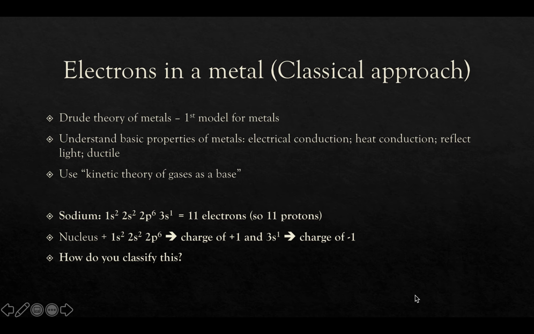But the question is, how do you know that 3s1 alone is the valence electron? How do you know that? Why can't 2p6, or why can't 3 electrons from the 2p shell, be part of the valence electron? That's a very deep question that requires a better understanding of the Pauli exclusion principle.